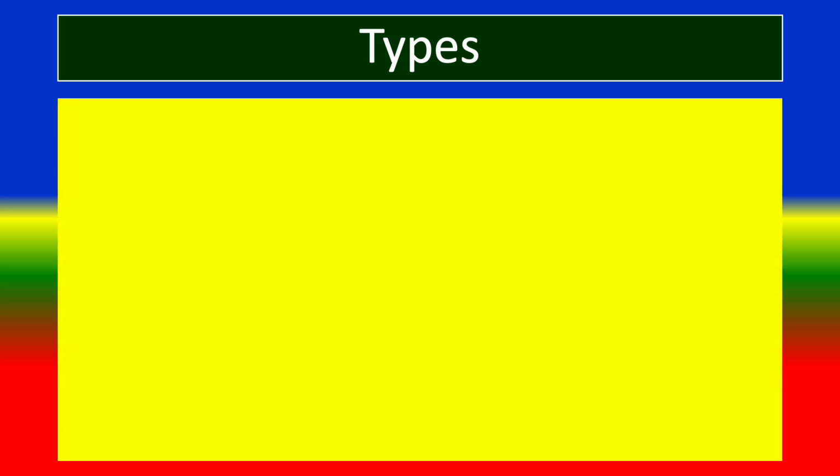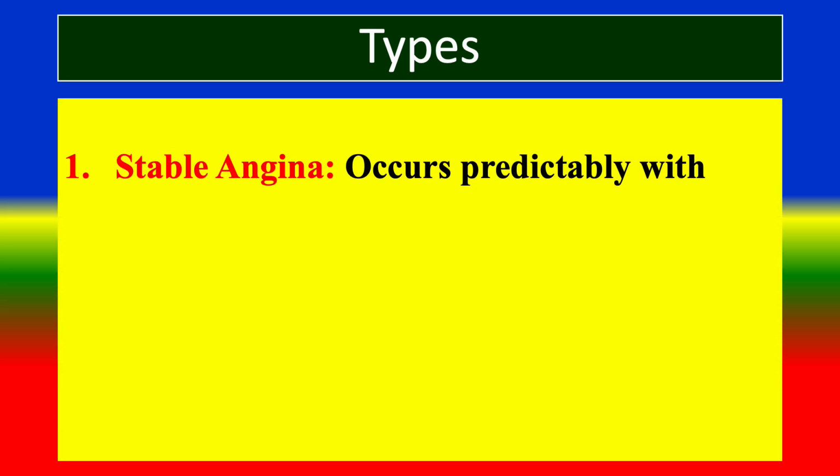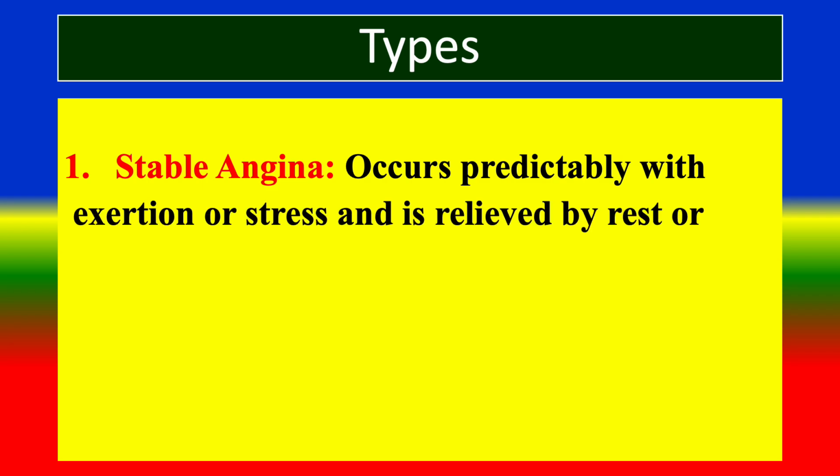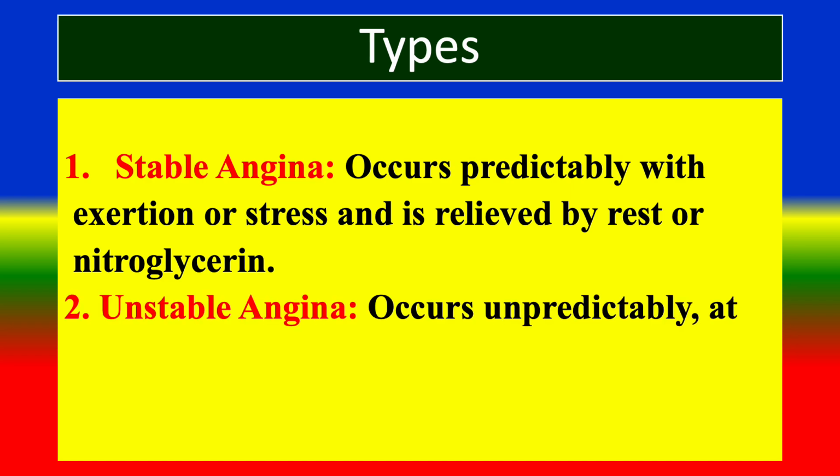Types of angina pectoris. 1. Stable angina. Occurs predictably with exertion or stress and is relieved by rest or nitroglycerin. 2.